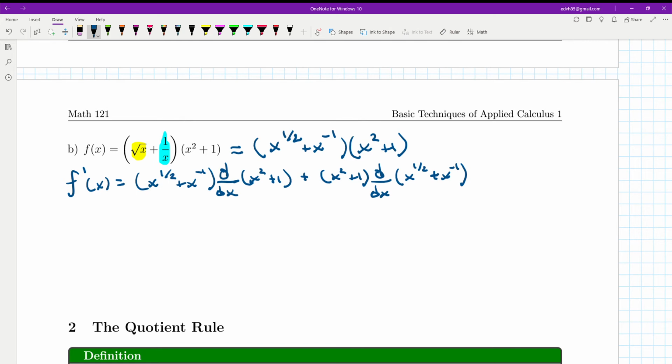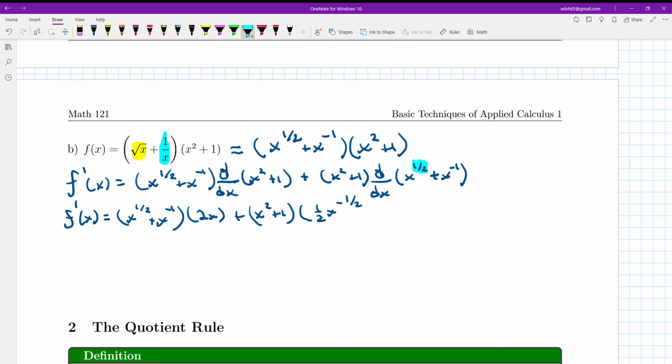Let's take the derivative. So f prime of x equals x to the 1/2 plus x to the negative 1 times the derivative of x squared plus 1, which will only be 2x, and plus x squared plus 1 times the derivative of x to the 1/2, which is 1/2 x to the negative 1/2, because here what we're applying is the general power rule.